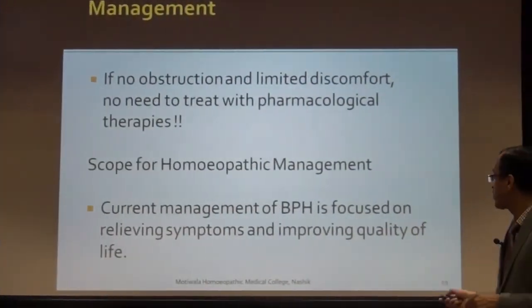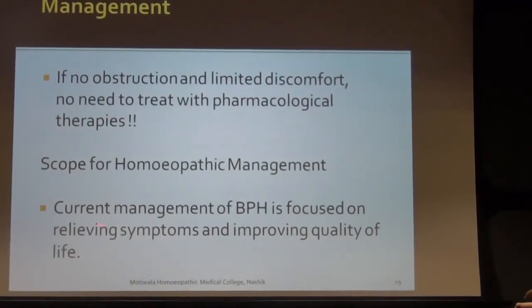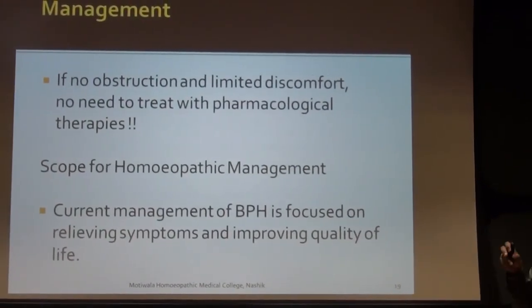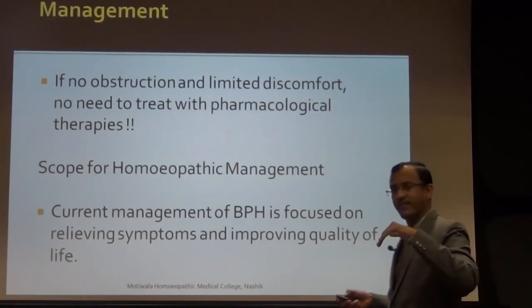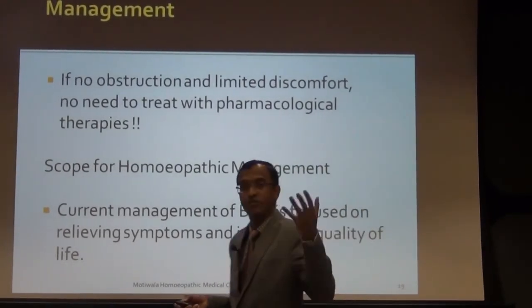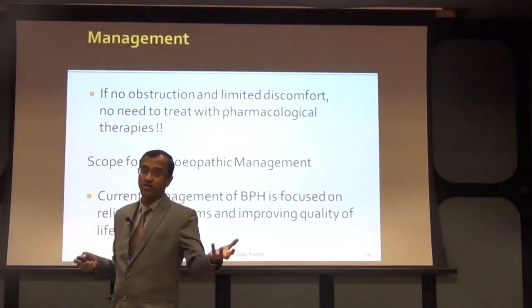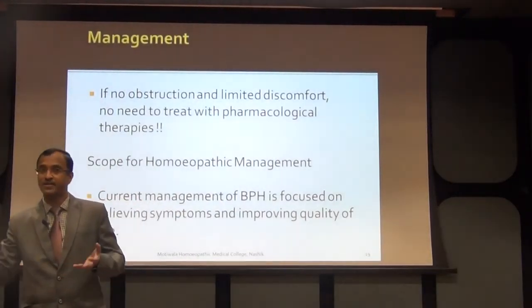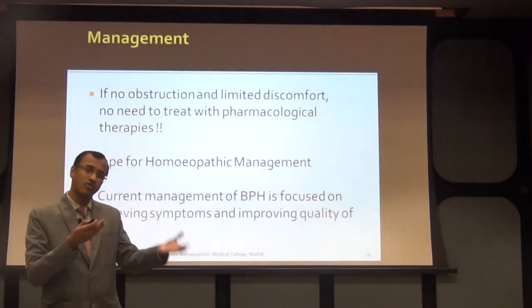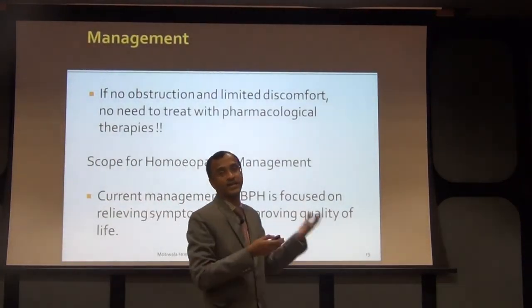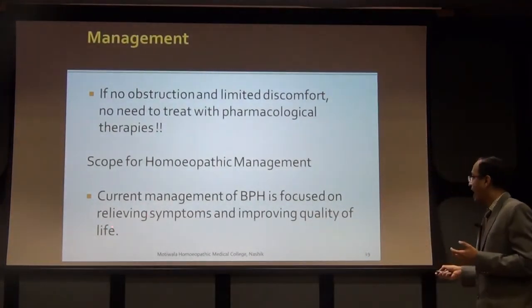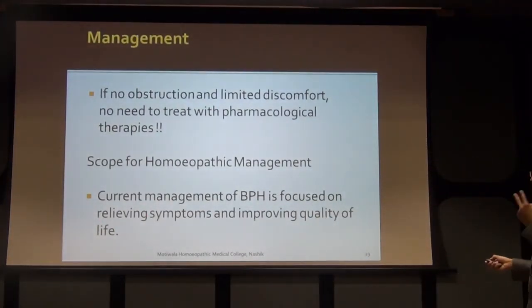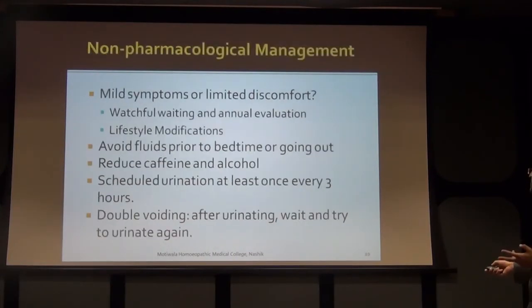This is very important, because in an elderly person who has other medical conditions, maybe cardiovascular or diabetes, there are certain contraindications to moving ahead with an operation. So it is better to focus on how one can relieve the symptoms and improve the quality of life of elderly people.